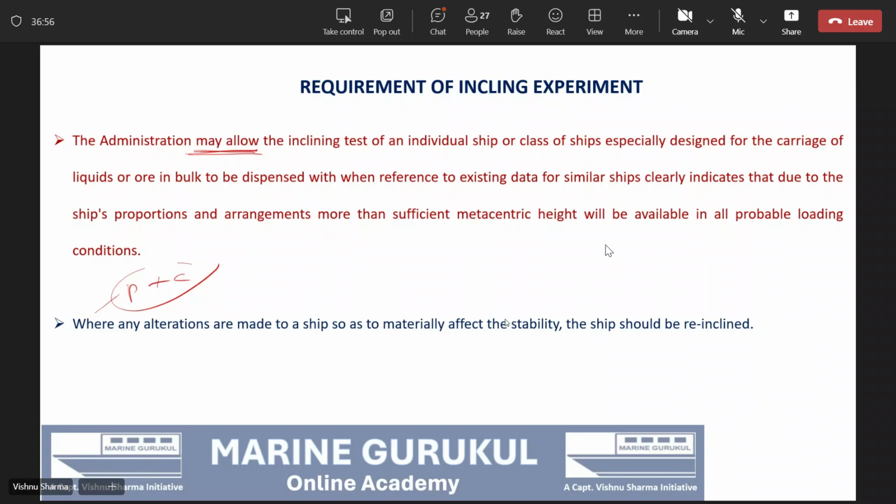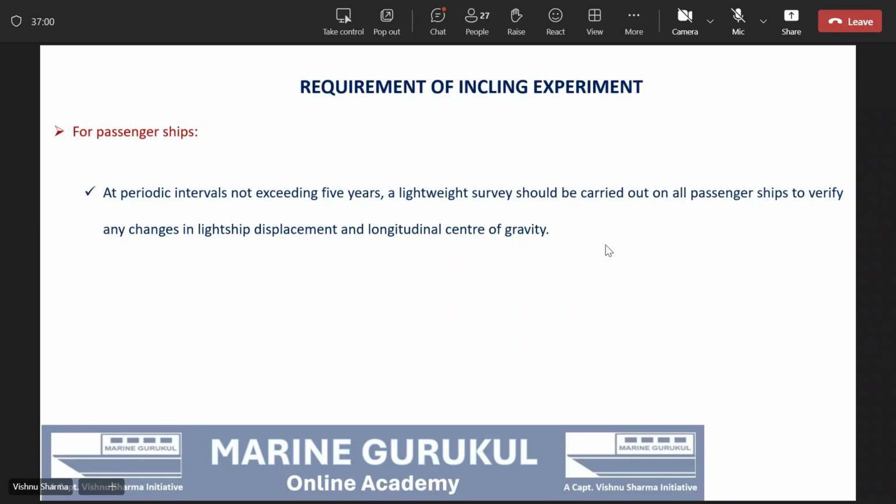But if there's a material change, then of course you can always re-incline. For passenger ships, at periodic intervals not exceeding 5 years, a lightweight survey should be carried out on all passenger ships to verify any changes in the light ship displacement and its LCG.